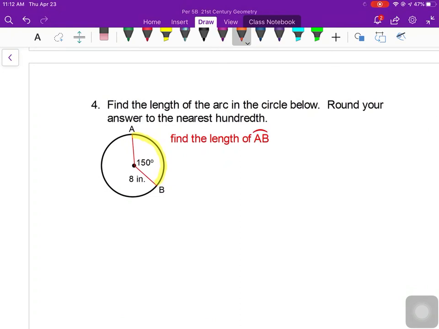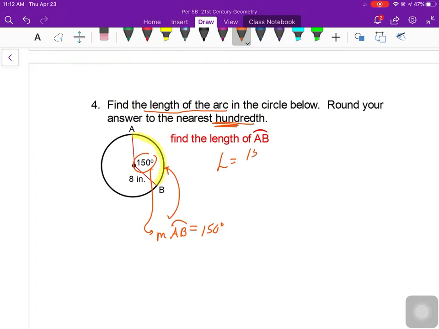If they ask you to round, which they did on this problem right here, round to the nearest hundredth, find the arc length. We need first the arc measure, the measure of that arc. A to B will equal the central angle 150 degrees.